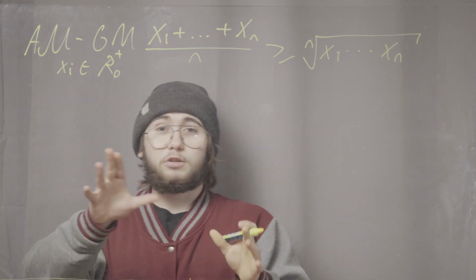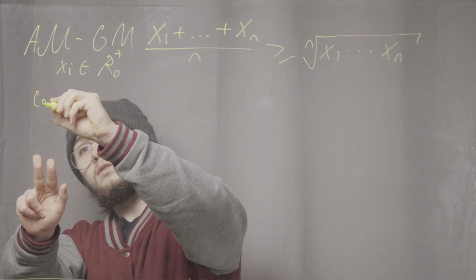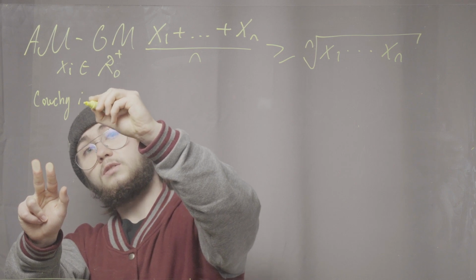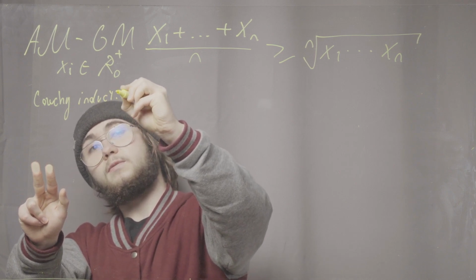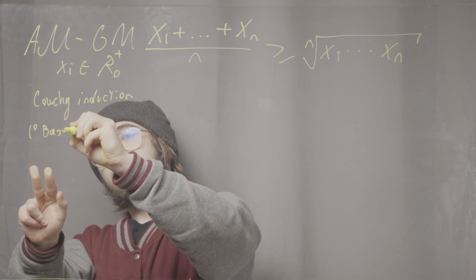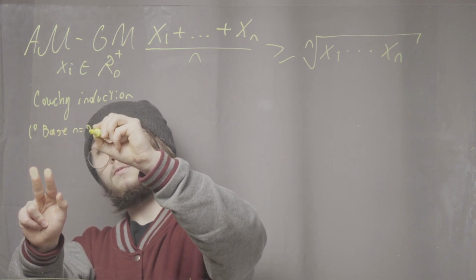And so, just a quick reminder, Cauchy induction works something like this. We first of all check the base case, which has to be n equal to 2.